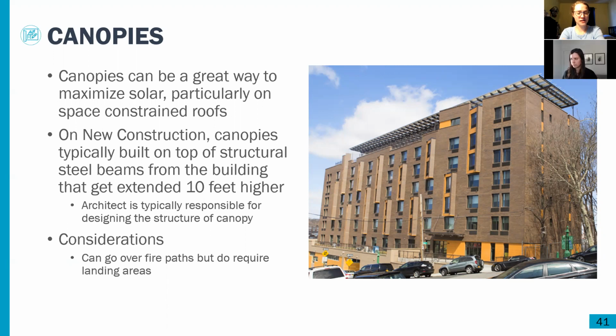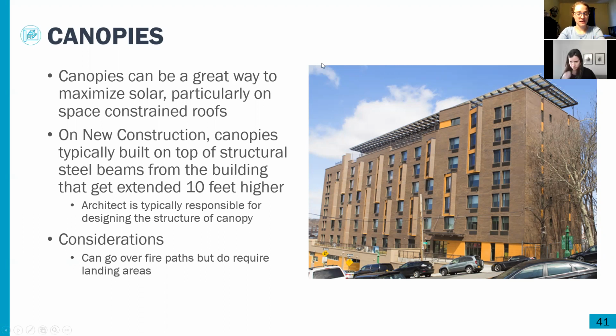On new construction projects, often canopies are built on structural steel beams that are just continued from the structure of the building and extended 10 feet higher. This obviously requires a lot of coordination between the solar installer and the general contractor of the building.